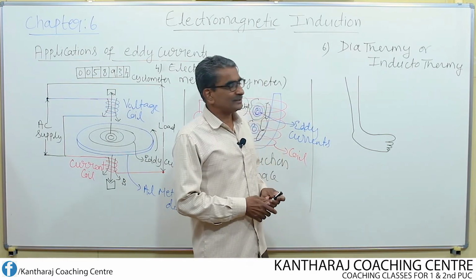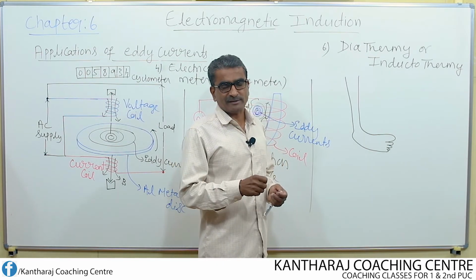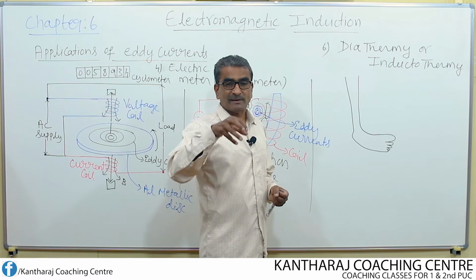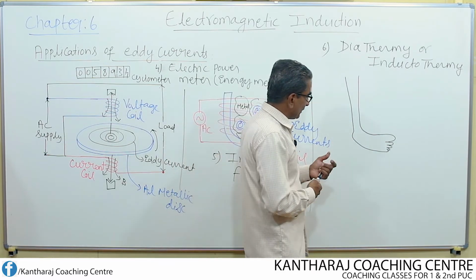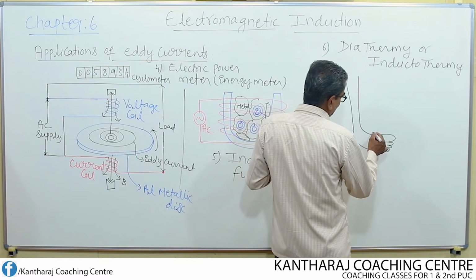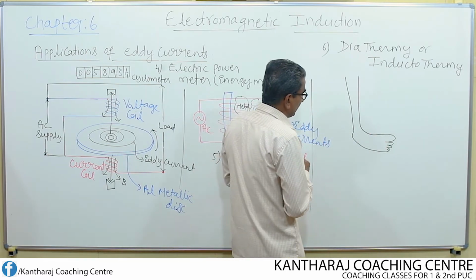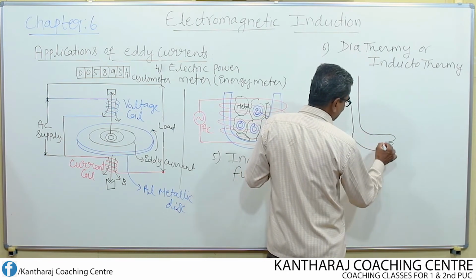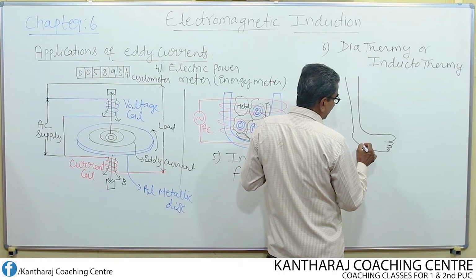So, what we do is, to the part of the body which is to be treated, some amount of heat should be given. For example, if treatment is to be given to this region of the leg, let us assume this is the part to be treated.